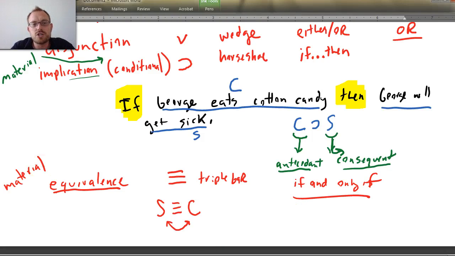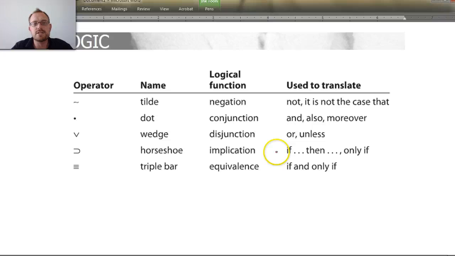Now let me show you, let's go down here, and here's a much nicer thing to take a look at in terms of the operators, the names, the functions, and the basic words you use to translate these things, right?